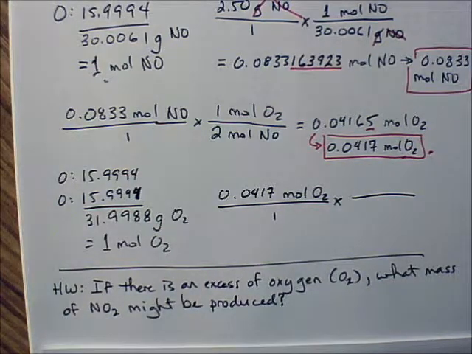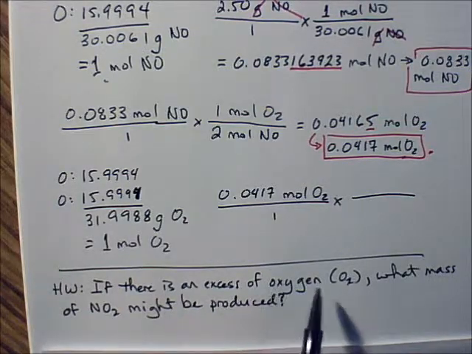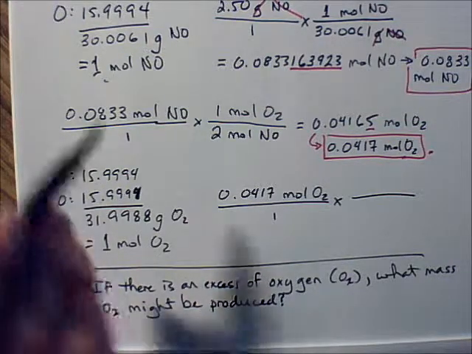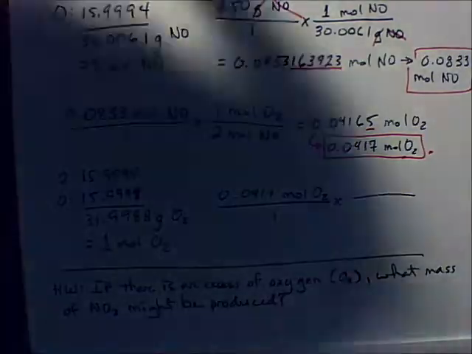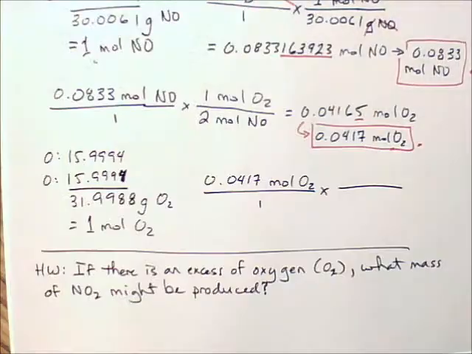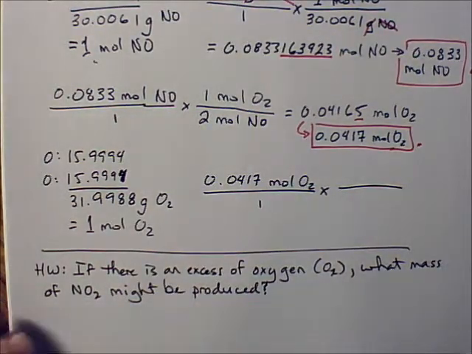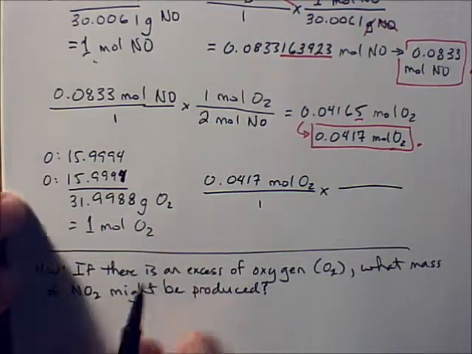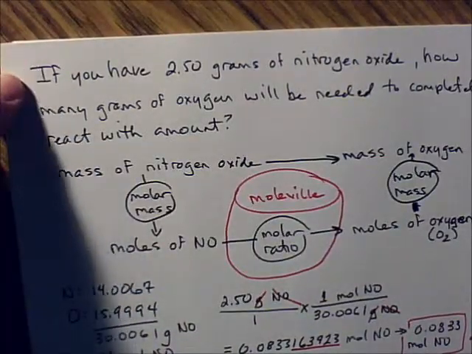You got more than you need. That's a whole new problem. But we're still starting with the 250 grams of nitrogen oxide up here. Now you're going to calculate to the mass of NO2. So this is a second question based on this information.